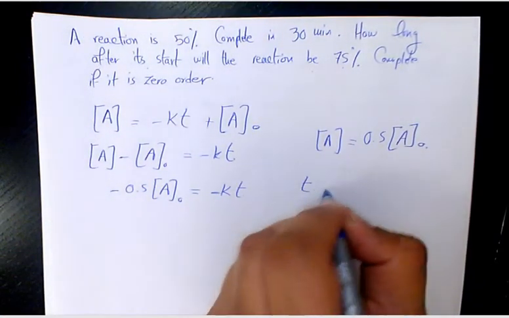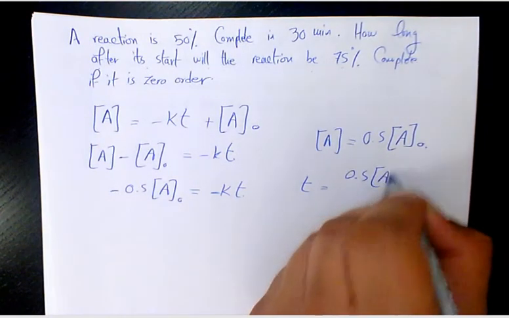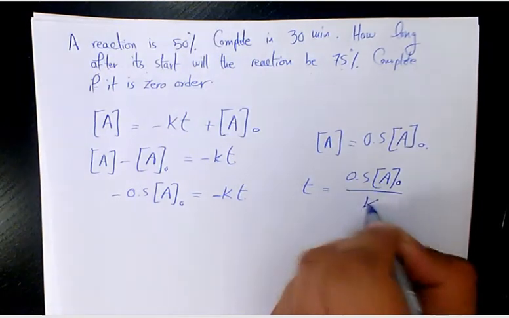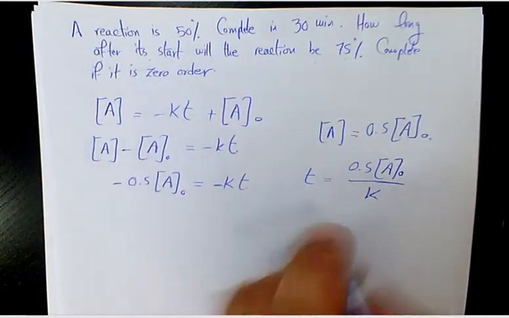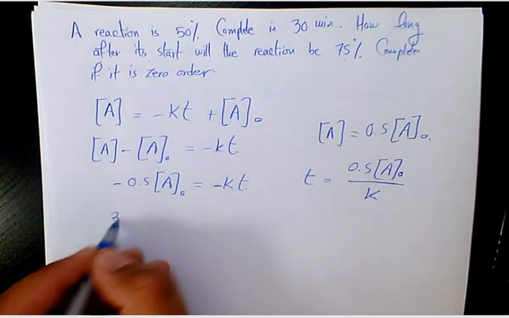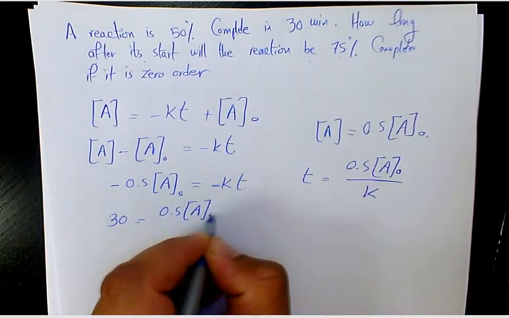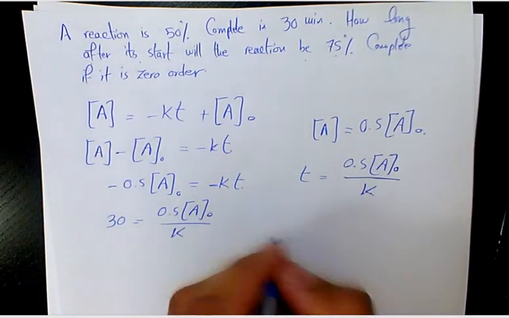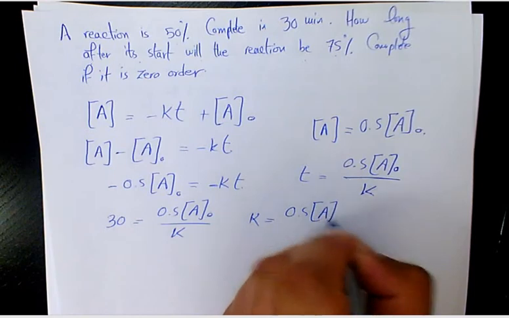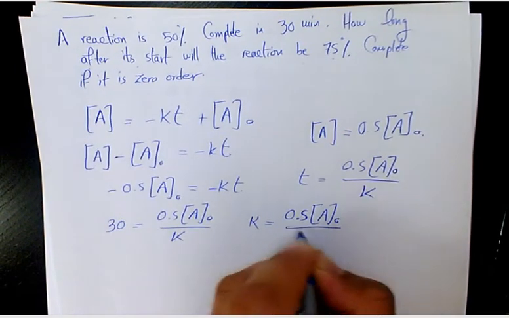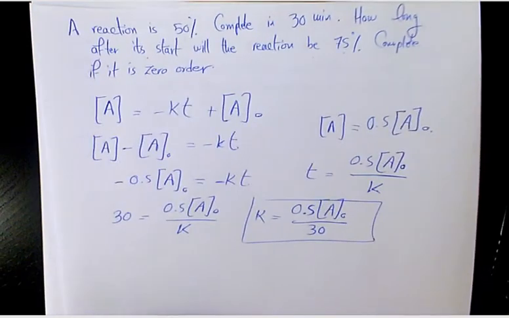So the time is going to be 0.5 A over K. The time is 30 minutes. So 30 minutes equals 0.5 A over K. So K will be 0.5 times the initial concentration, which is not given, divided by 30. So that's going to be the expression for K.